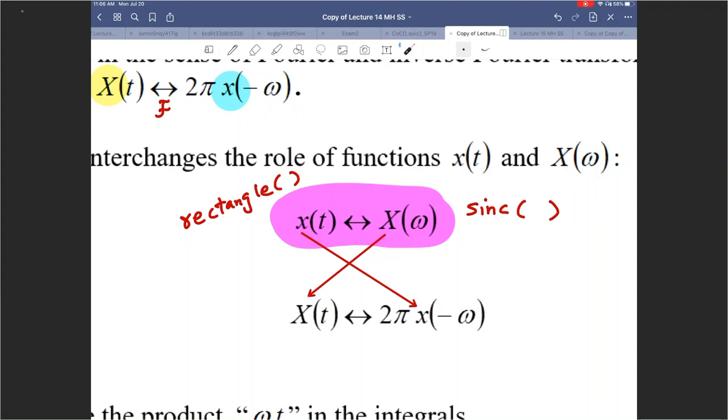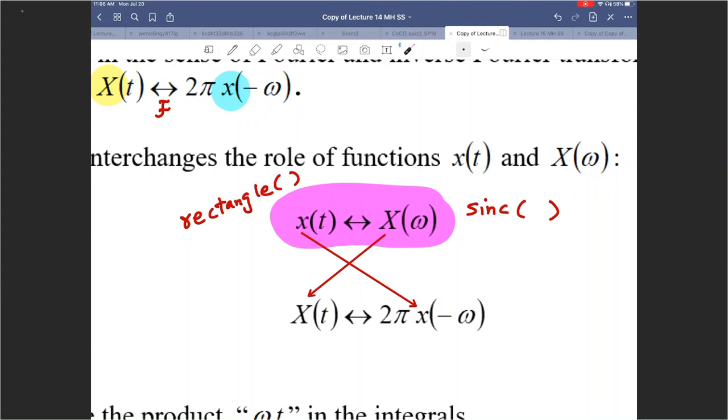Sinc is related to the sine function, right? Sinc x is sine x over x. So you can say sinc, or you can also say sine. Both are going to be correct. But if you want to write it only in terms of one function, then sinc. If you want to write it in terms of sine, you would say sine x by x, right?